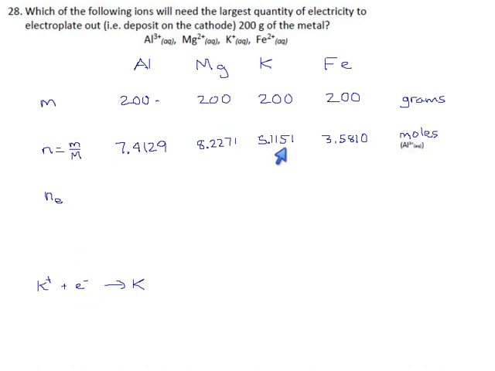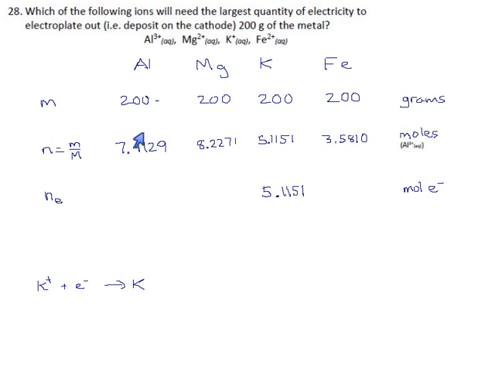So if you're making 5.1151 moles of potassium, you need 5.1151 moles of electrons. So no trouble there. I'll put moles of electrons over here just to remind us.